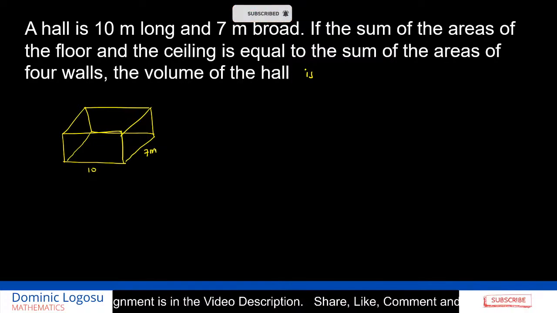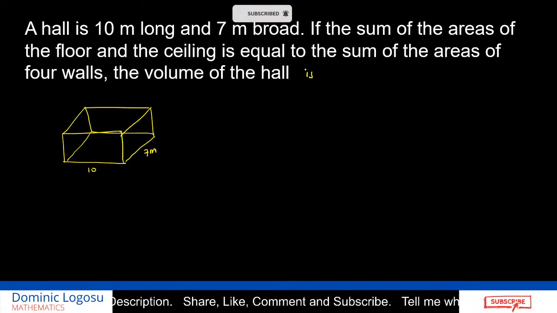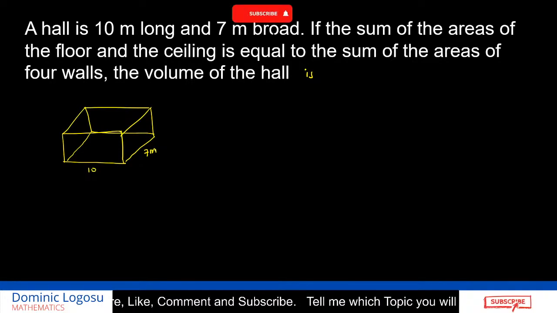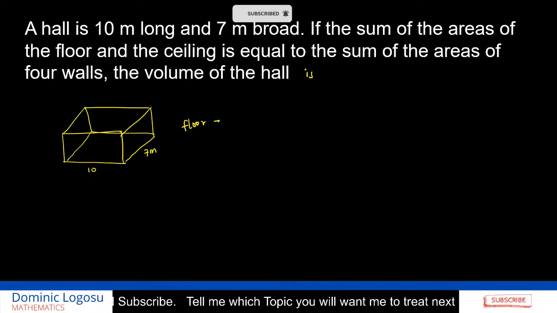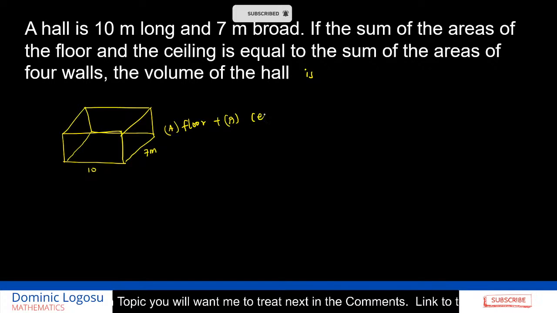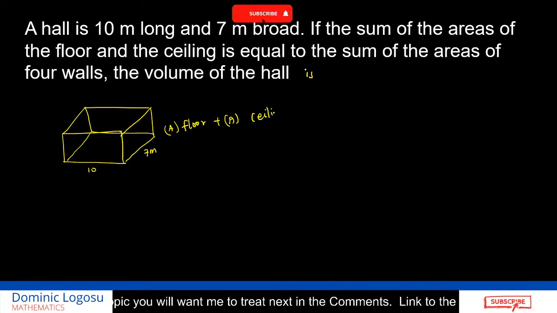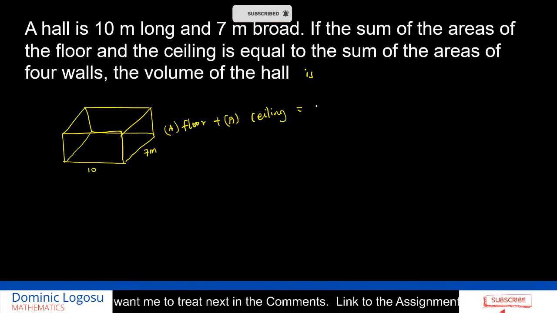The sum of the areas of the floor and the ceiling is equal to the 4 walls. So let's look at the sum of areas of the ceiling. Okay, let's go for the floor first. So the floor, area of floor plus area of ceiling is equal to the 4 walls.